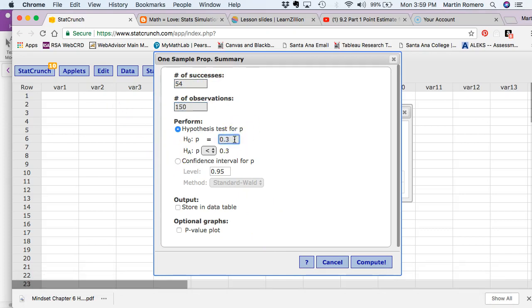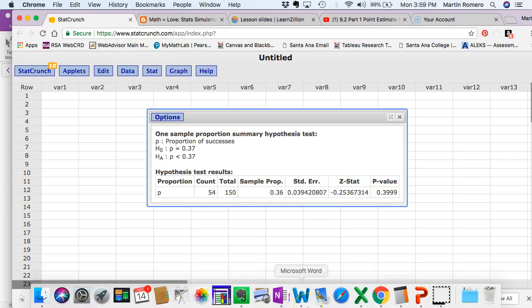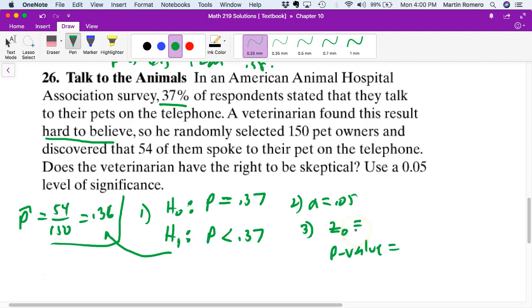And we're saying it's less than 0.37. That's what we're doing, another left-tailed test. Get a z of negative 0.25 and 0.399. So you get a z of negative 0.25, and then if we round up, 0.40 p-value.